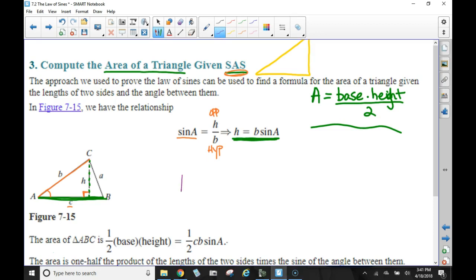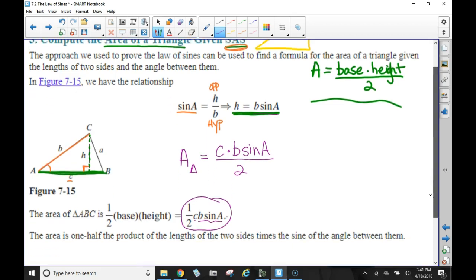So our area of the whole triangle can be the base C times the height, which is B times the sine of A, and then divided by 2. Base times height divided by 2. So they have it written down here as 1/2 base times height.